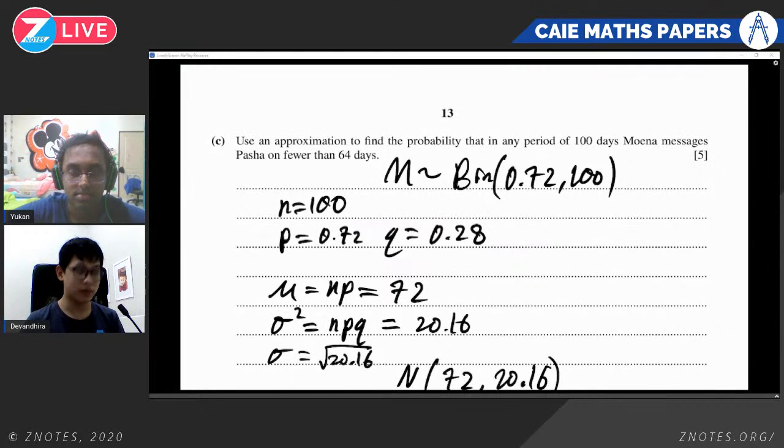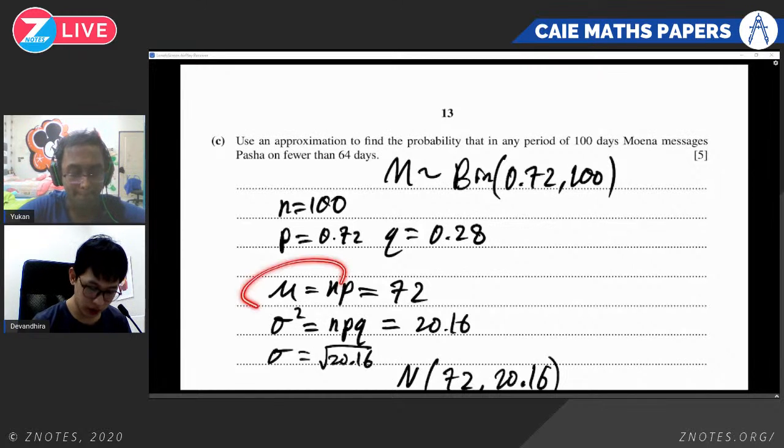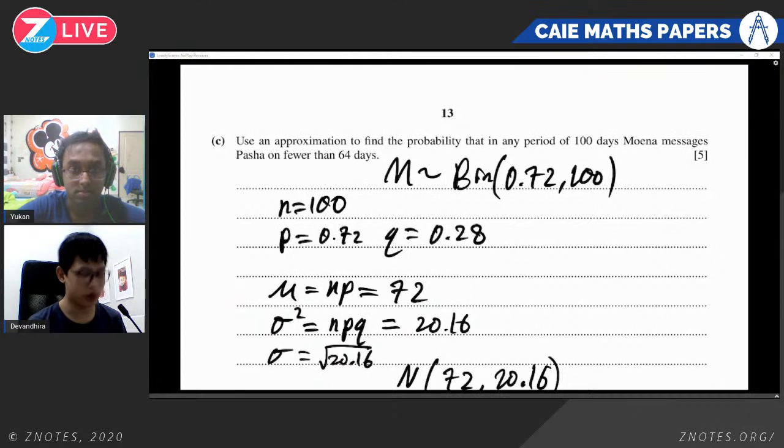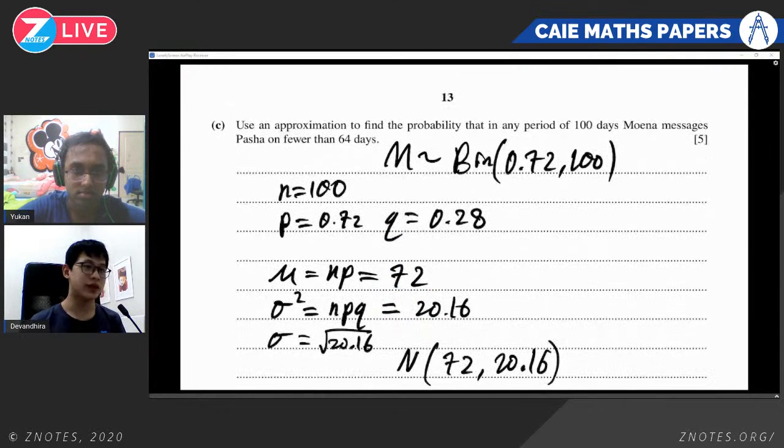So how do you get the mean? What's the formula to find the mean? Mean for a binomial is just np. Exactly. So right here, the mean is basically just the sample size multiplied by the success. That's just 100 times 0.72, which is 72. Now, what about the standard deviation?